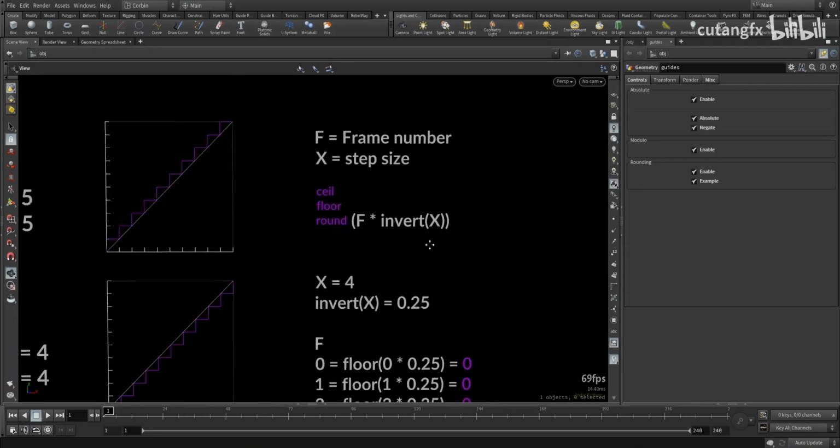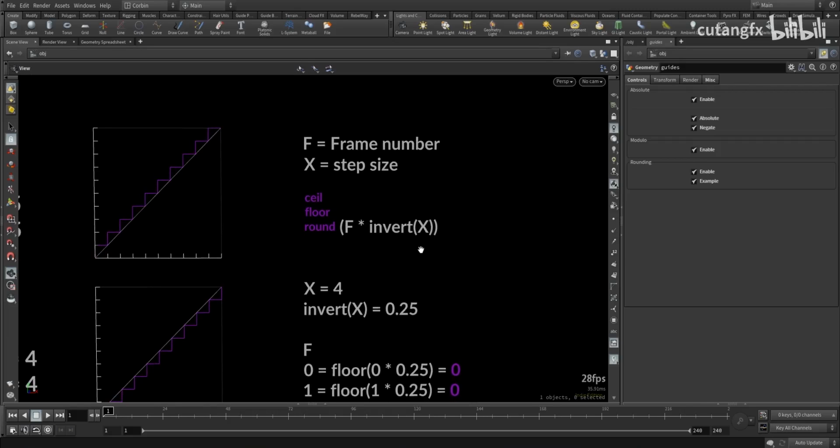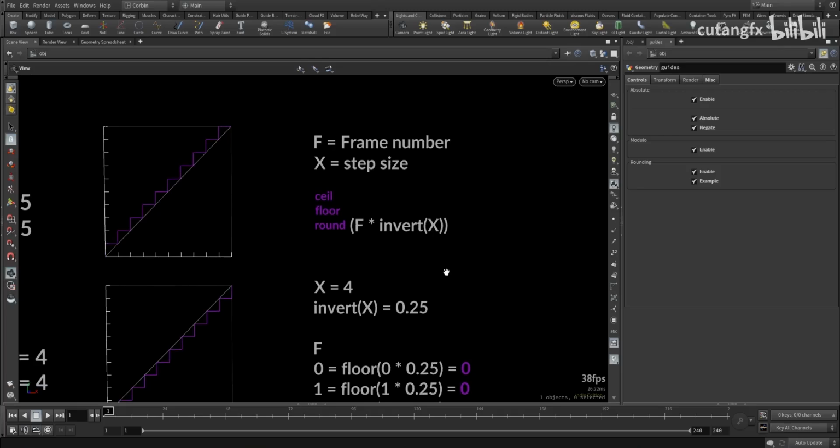For example, maybe we want to release some particles from one of our objects. So we have 3 objects numbered 0, 1, and 2. And I want to release from object 0 for a few frames, and then switch to releasing from object 1 for the same number of frames, 5 frames, let's say. And then switch to object 2 for 5 frames, and then object 3 for 5 frames, and so on.